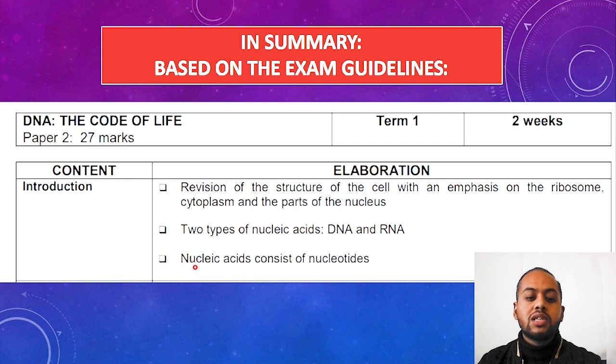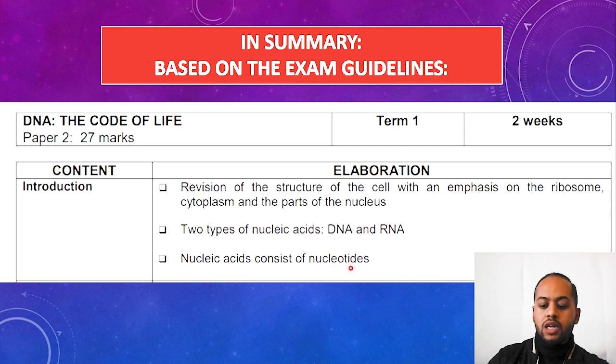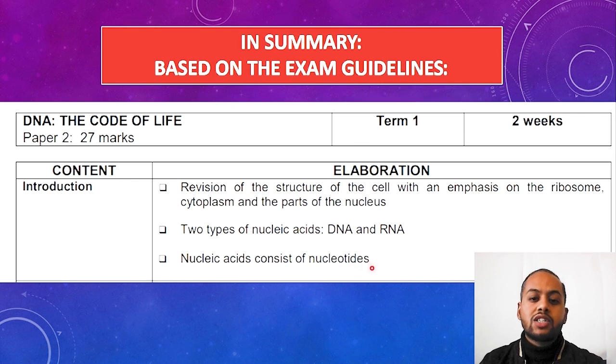And then lastly, we said that nucleic acids consisted of nucleotides. We said nucleotides were the building blocks of DNA, and they comprise of the phosphate group, the sugar, as well as the nitrogenous base. So that's the end of this first part of DNA, the introduction to DNA, the code of life. In the next video, we will look at the structure and location of DNA.